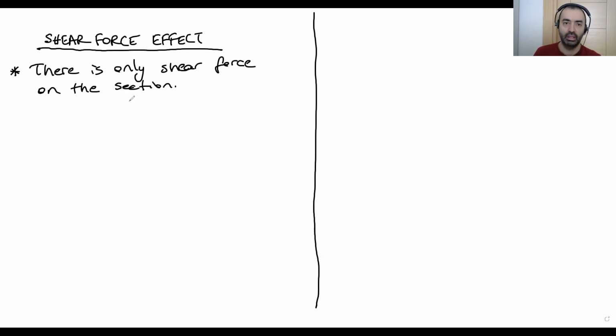Here, I should remind you what we learned while we are drawing the internal force diagrams. The shear force T equals dM over dx.